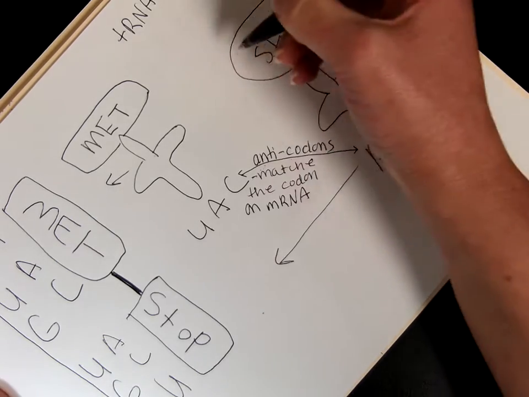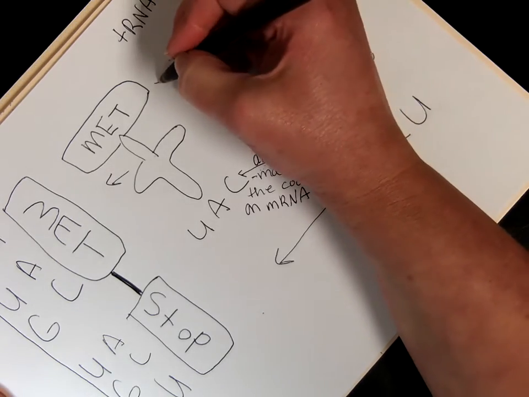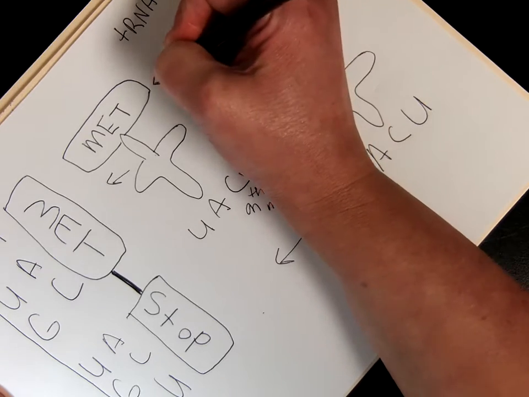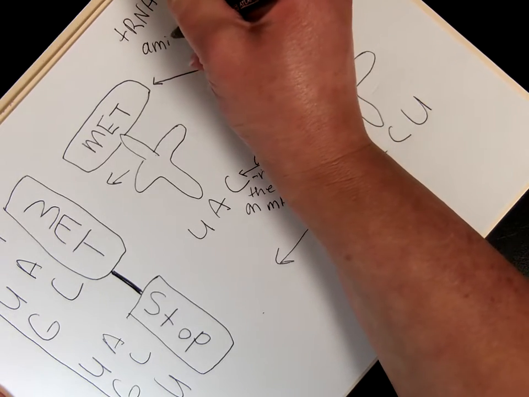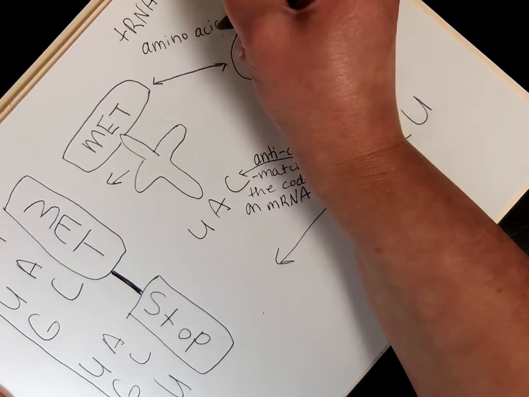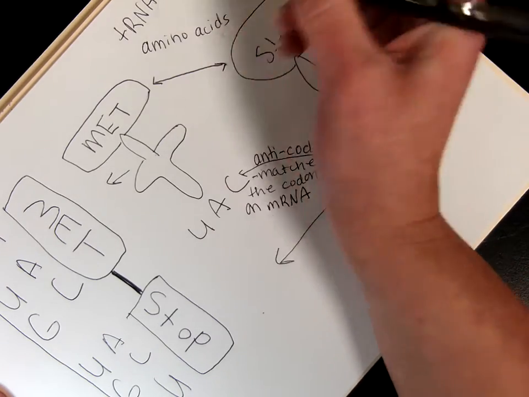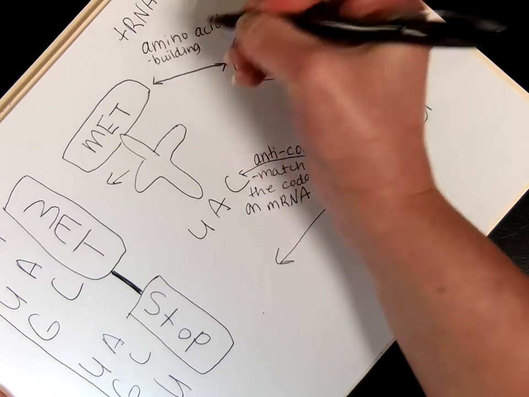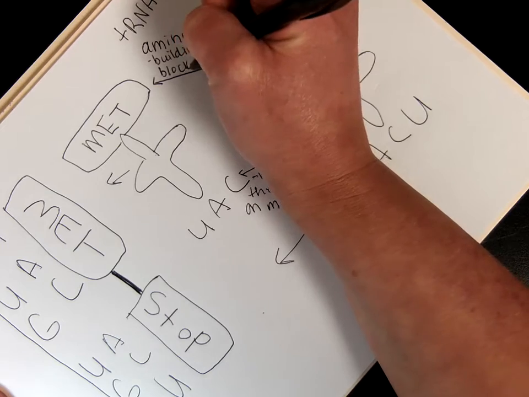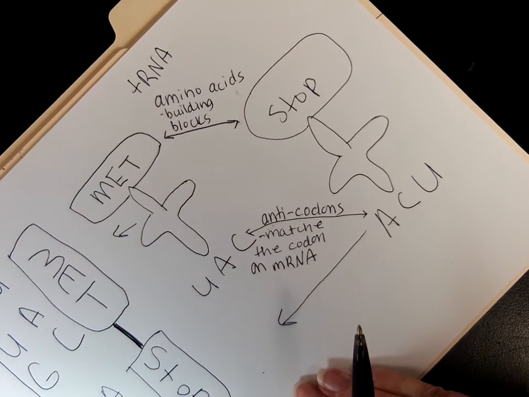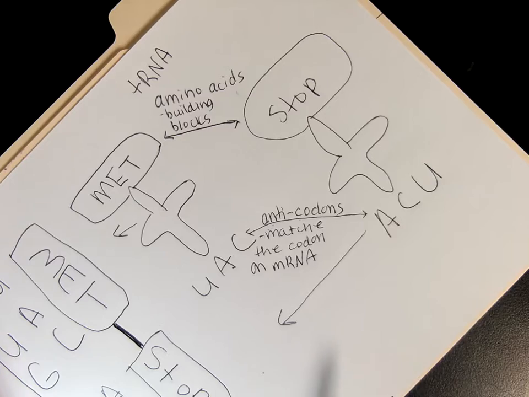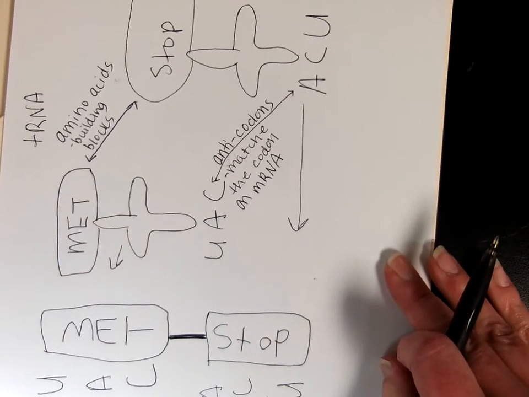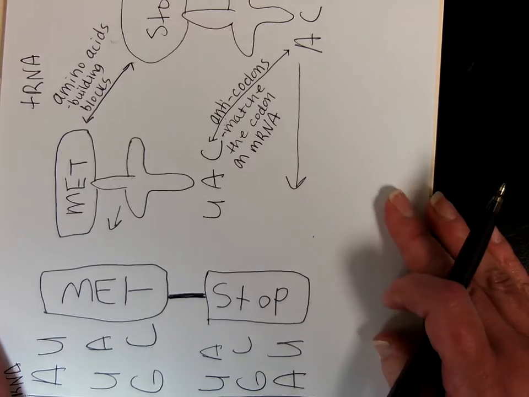Now on the other end of the transfers is where you're going to find the amino acids, those mean old acids. And again, these are the building blocks for your proteins. Now I'm going back to my messed up protein here.